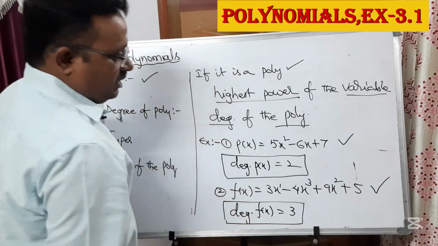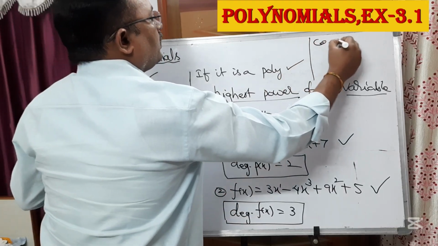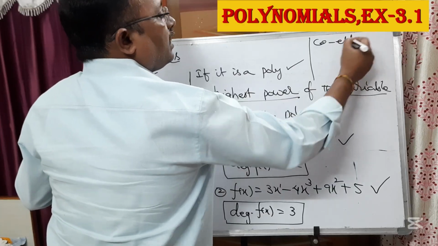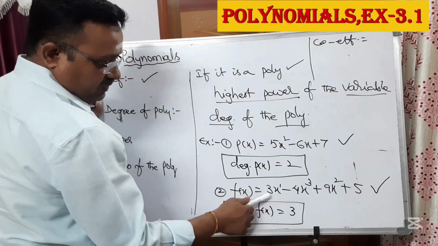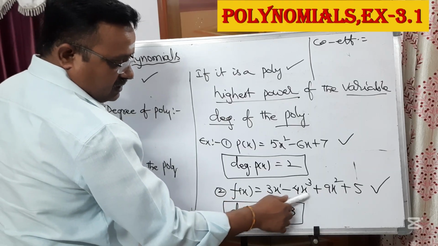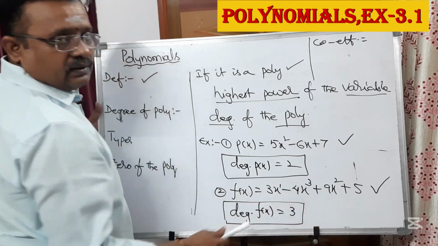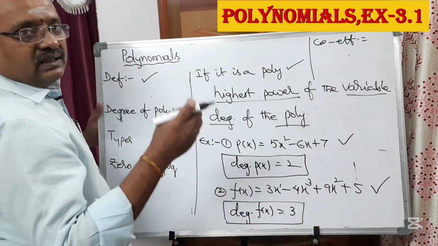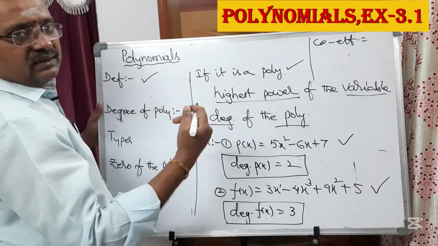Here one more point I would like to give you, coefficient. Coefficient of the term. So, in this example, x coefficient is 3, x cube coefficient is minus 4, x square coefficient is 9. These are the simple points we have to remember. They came in 9th class, in 8th class.